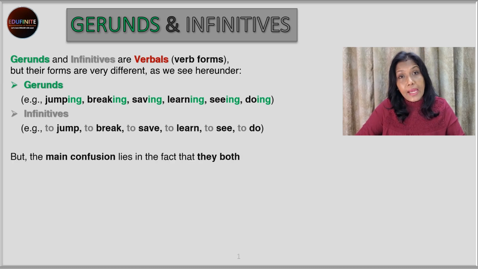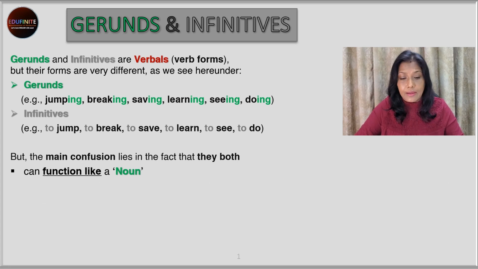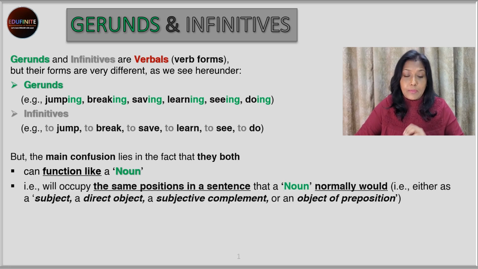But the main confusion lies in the fact that they both can function like a noun. And what does that mean? That means that they will occupy the same position in a sentence that a noun would normally occupy. That is either as a subject or as a direct object or as a subjective complement or as an object of preposition in a sentence.